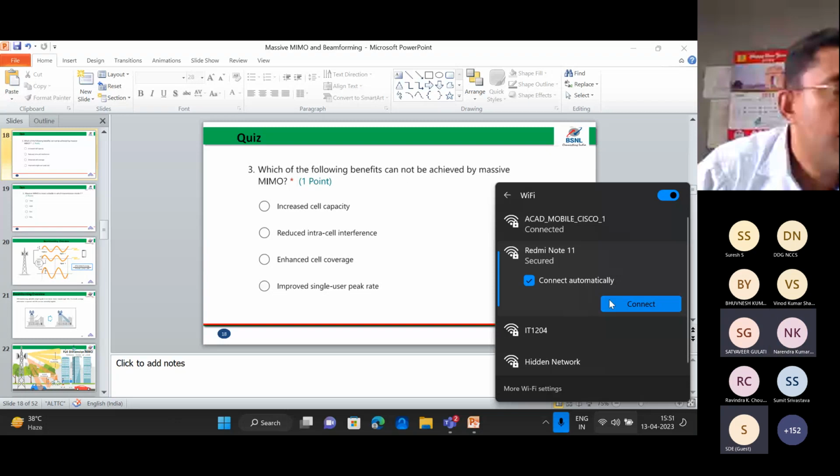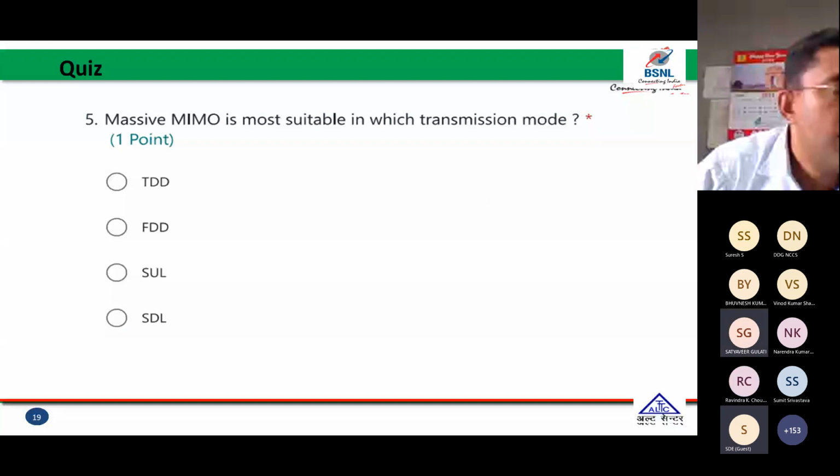Yes, sir. Okay. So the answer of the third question is the improved single user peak rate. It cannot be achieved by massive MIMO. And the fifth question: massive MIMO is most suitable in which transmission mode? TDD, sir.